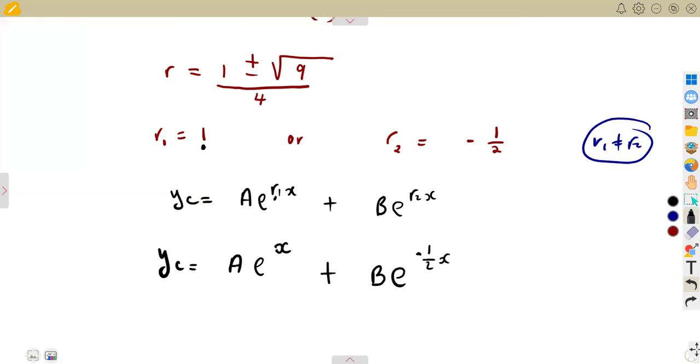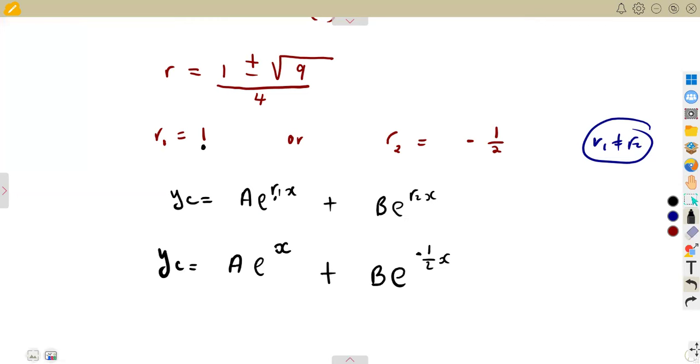So this is minus half x. These constants a and b are supposed to be determined, but since they want us to determine the general solution, we are not going to have to calculate them. We are just going to leave it like that.